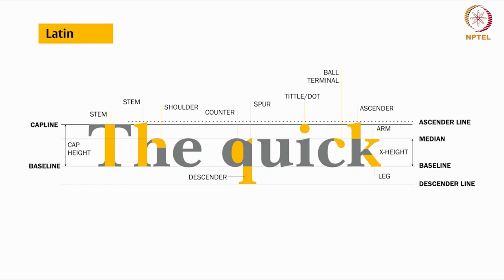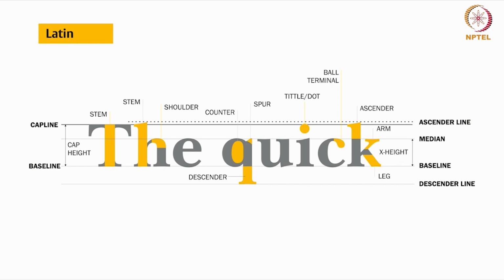X height is defined as the height of the lowercase letters from the baseline to the top of the letter x. Here there is no x, but this is the x height, basically the height of the lowercase letter. X height affects readability, especially in smaller text.